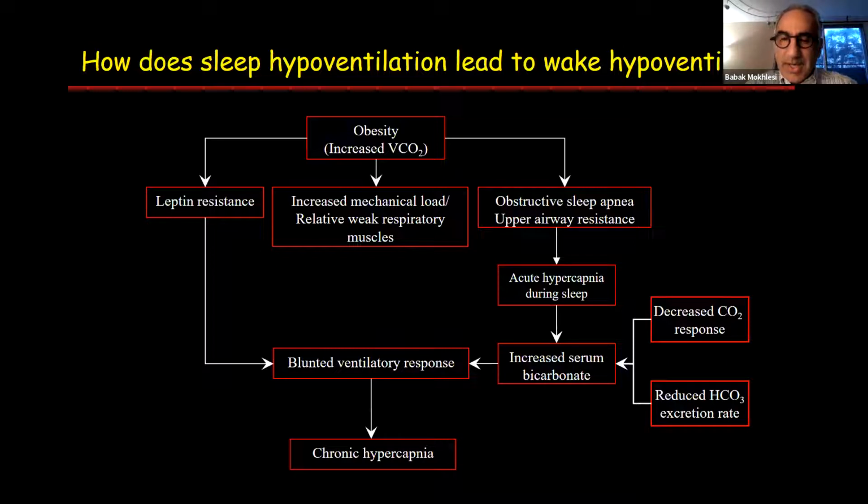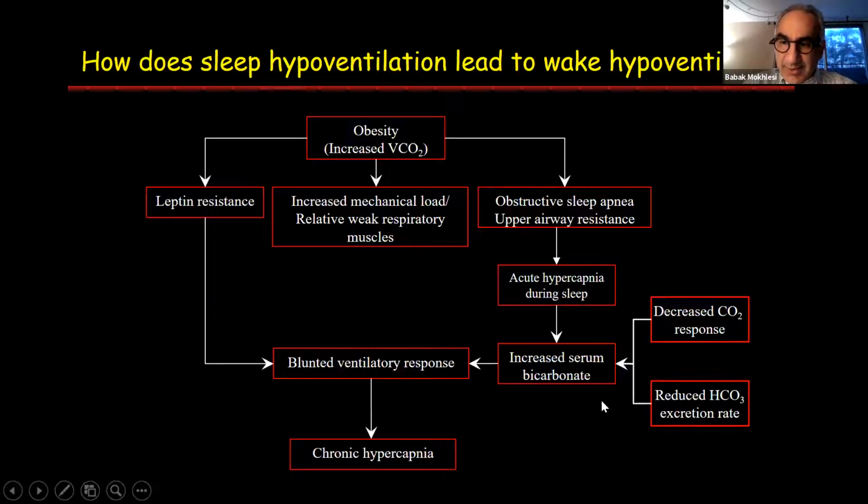One is the patients who have severe obstructive sleep apnea, and obstructive sleep apnea is a major contributor to CO2 retention during the daytime. I think all of us can conceptually understand why severe OSA will make you retain CO2 during the night. The question is, why does it happen during the day? Why does it carry over?